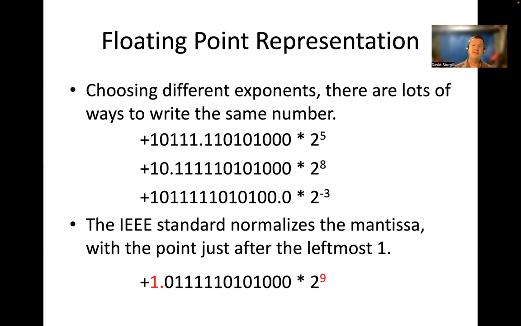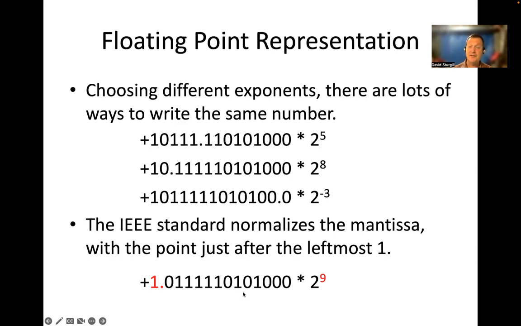And we say for this, we're normalizing the mantissa. You probably did the same thing when you looked at scientific notation in middle school. For the IEEE format, there may be a bunch of equivalent ways of writing down a number in scientific notation, but the one we're actually going to represent is the normalized one, where we pick an exponent that puts the point right to the right of the highest order 1.